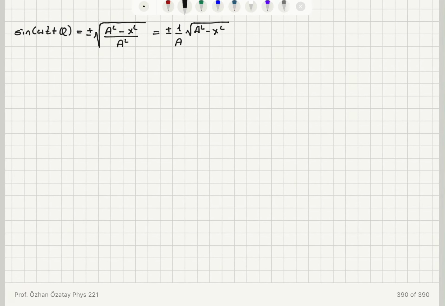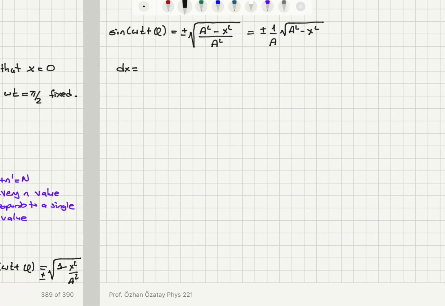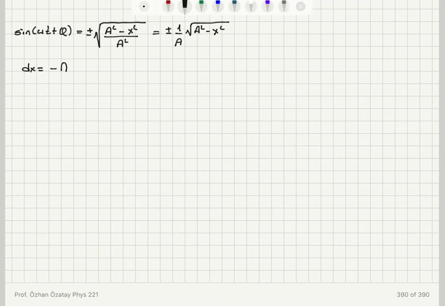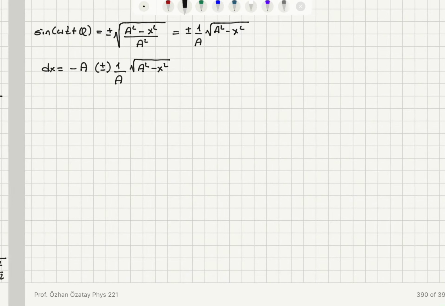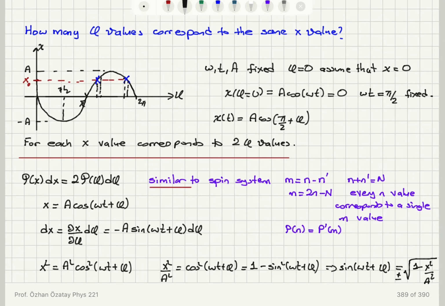Now I substitute this into dx, so dx is equal to minus a sine omega t plus phi, plus or minus, which root I will take I will decide now, 1 over a square root of a square minus x square.